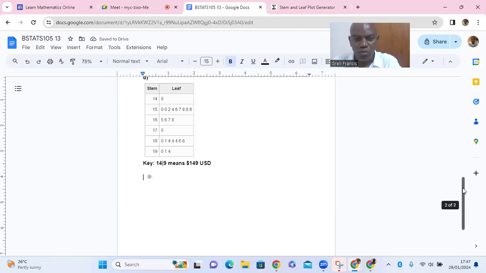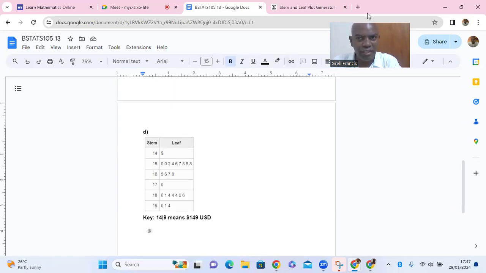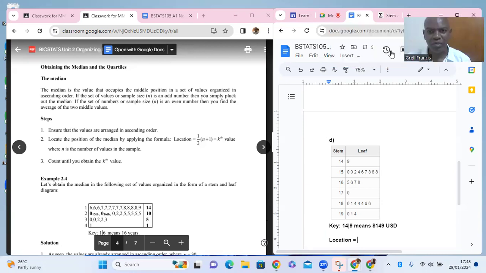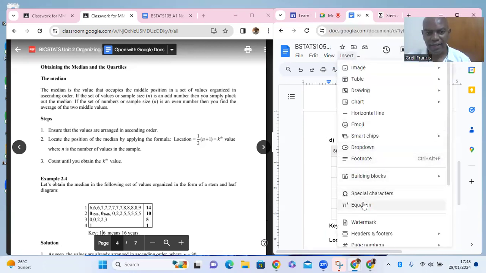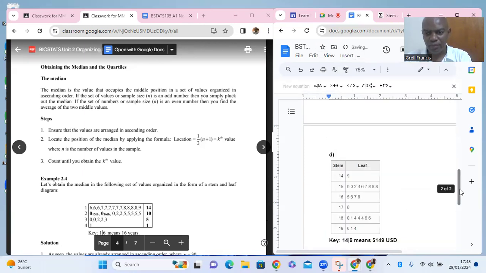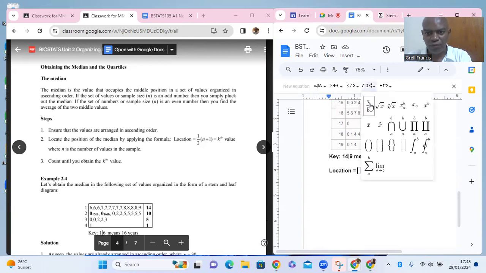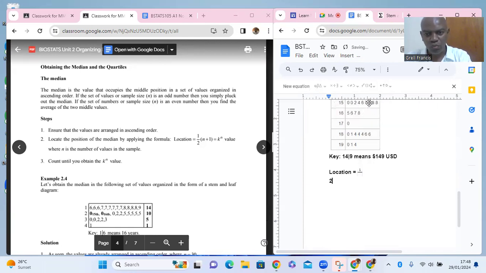Okay, now according to the instructions, let's go and look at the steps another time. It says to locate the median, we have to calculate the location, and the location says we've got to calculate a half times n plus 1. N now is the sample size. N here is 20. So I need to calculate a half of 20 plus 1.